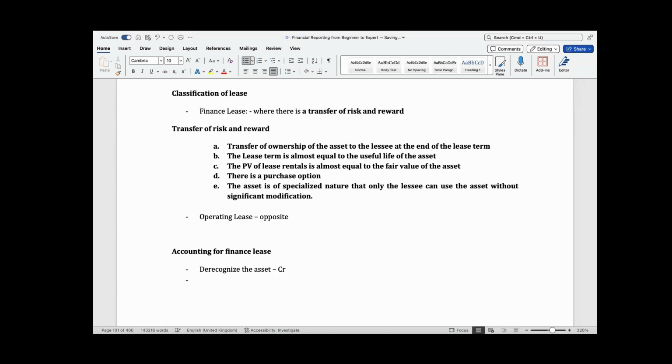Then what will he debit? Who can guess? Prudence, can you guess? What will he debit? Oh, okay, the lease liability.